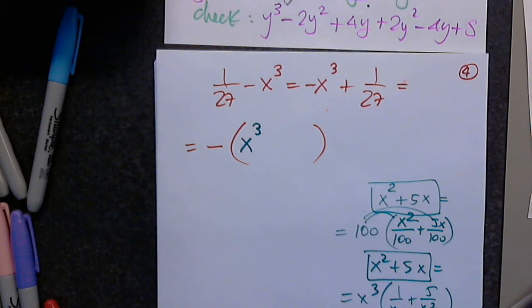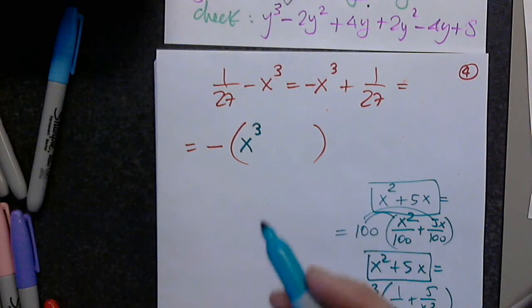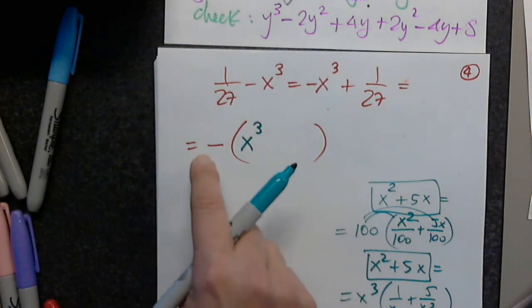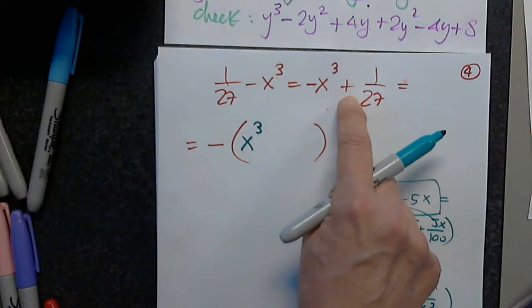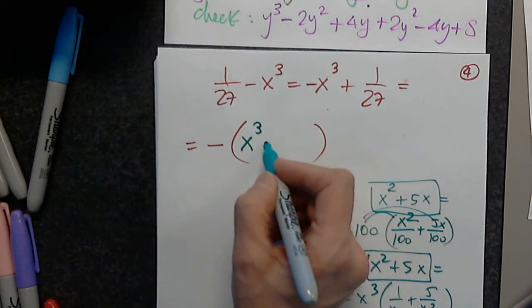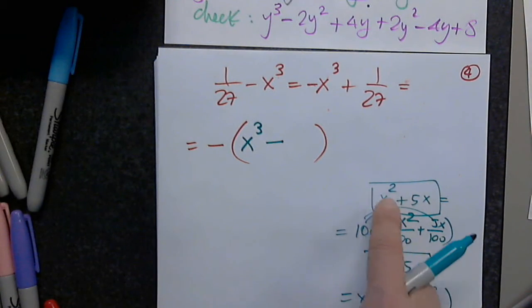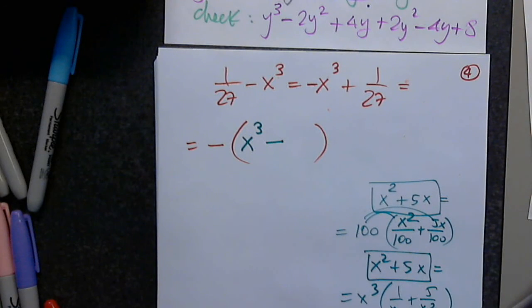Yes. -1 times x cubed is negative x cubed. Perfect. Then plus -1 times +1 will not be +1. Negative. As in my silly examples here, as long as this times this is this and this times this is this, I'm fine.